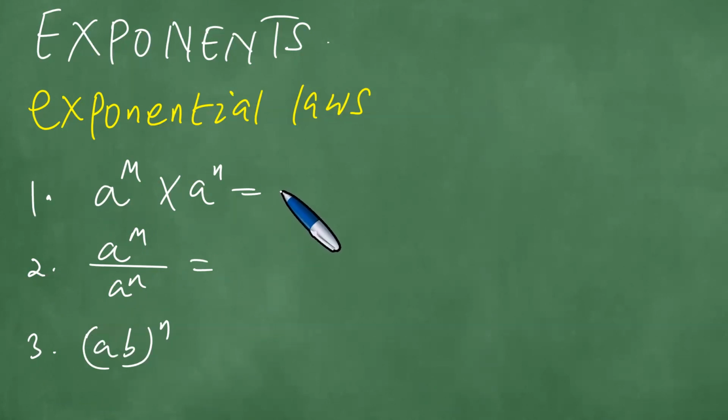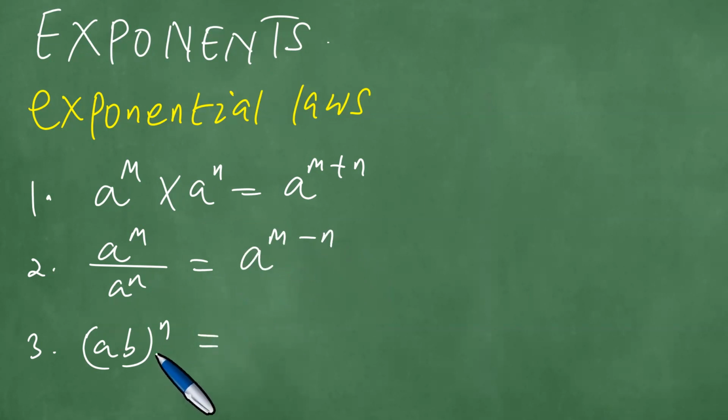What is the answer here? a^(m+n). When the bases are the same, you take the same base and you add the exponents, so it's going to be m plus n. Okay, in the second one, what do you do here? If you're dividing a to the power m by a to the power n, what is the answer? a^(m-n), m minus n.